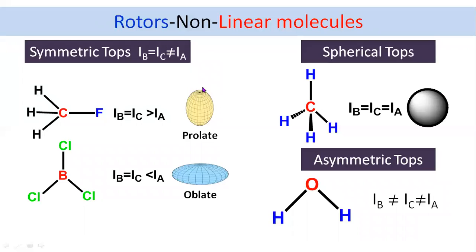If you have this kind of condition, then these rotors or molecules are known as prolate. This is described with the help of this common name. Prolate means you have IB and IC greater than IA. Another condition is that you can have IB and IC equal, but less than IA. If you satisfy this condition, then this is known as oblate.